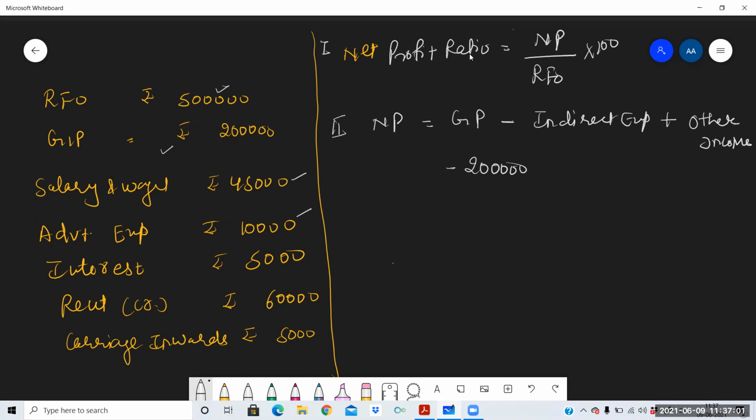This one means all those expenses which we were writing on the debit side of the profit and loss account. And this is indirect income or other income. We will not be considering this one. Why? Because it is a direct expense. Carriage inwards, wages, fuel, power, factory expenses, all are direct expenses. Direct expense means it has already been included while calculating the gross profit.